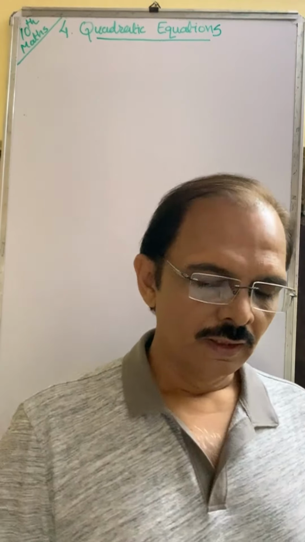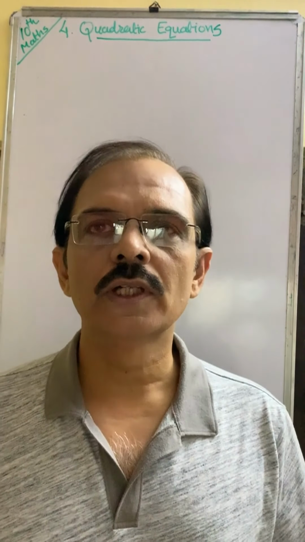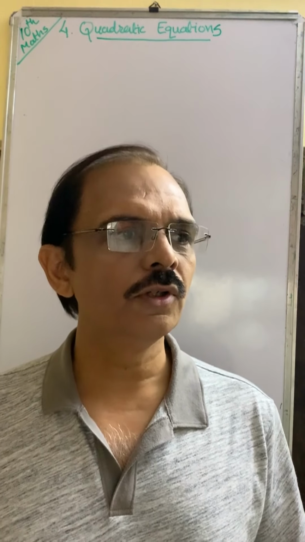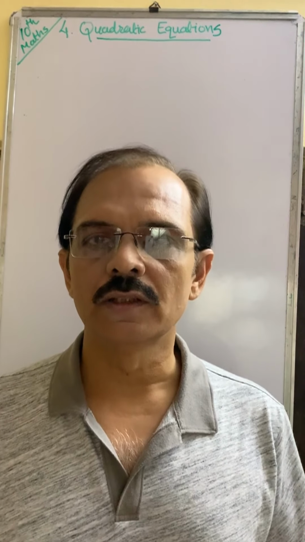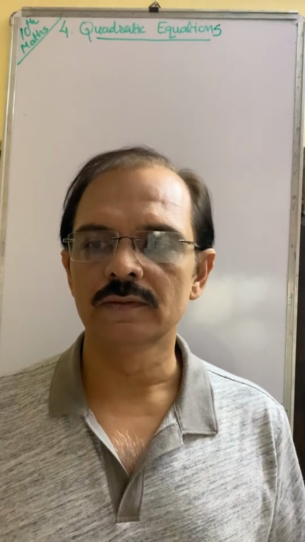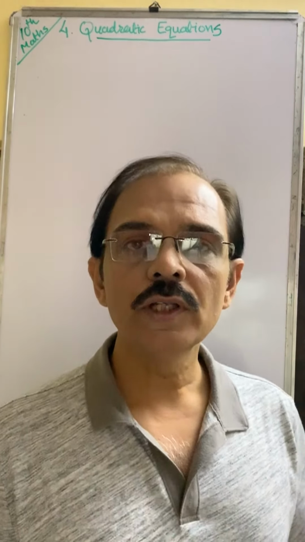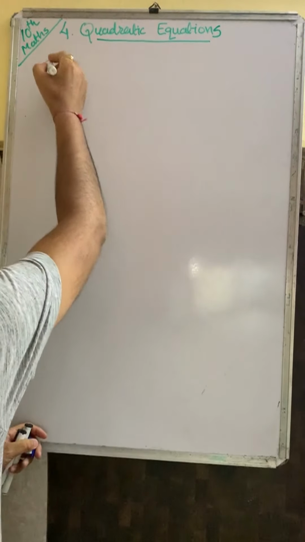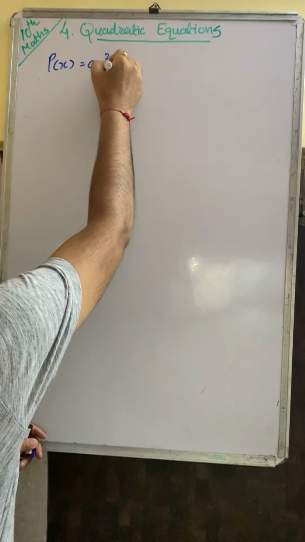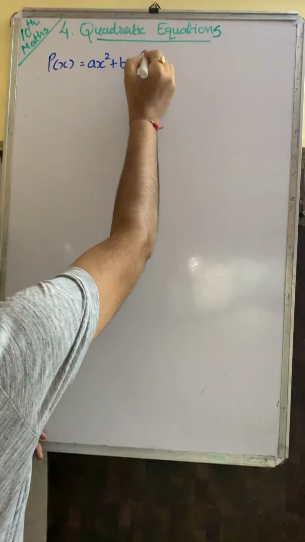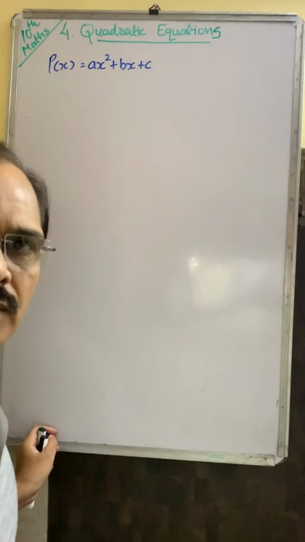See, you have learned chapter number 2, that is polynomials. In polynomials you have learned about quadratic polynomial. We said that quadratic polynomial means what? Once you write p of x equals ax square plus bx plus c, this is called a quadratic polynomial.